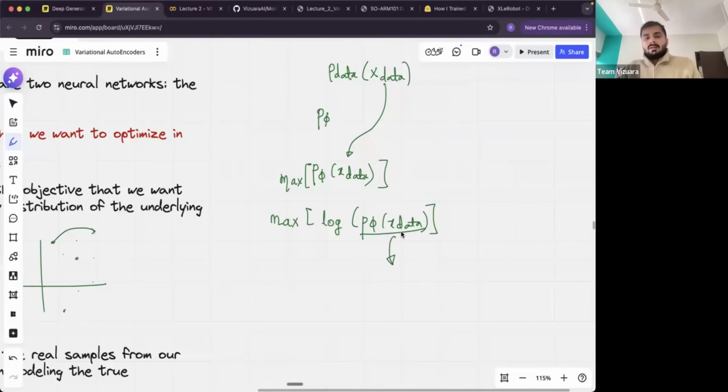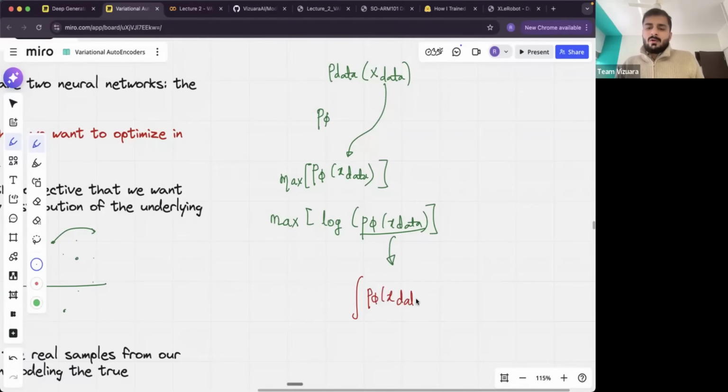Now the problem is that this expression itself is intractable. The reason it is intractable is to maximize this, you need to maximize an integral which looks like this. I don't expect all of you to follow this, but I just want you to get the gist of it.